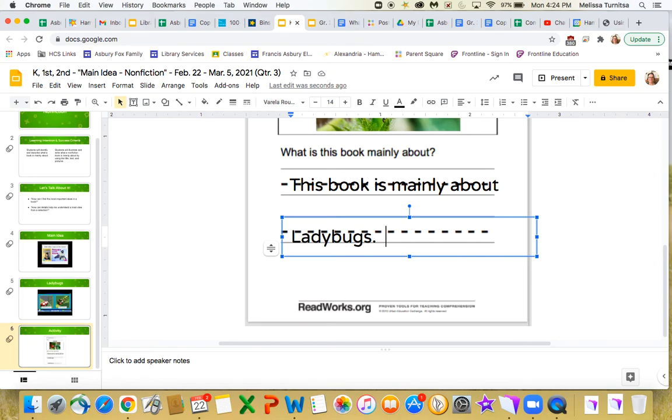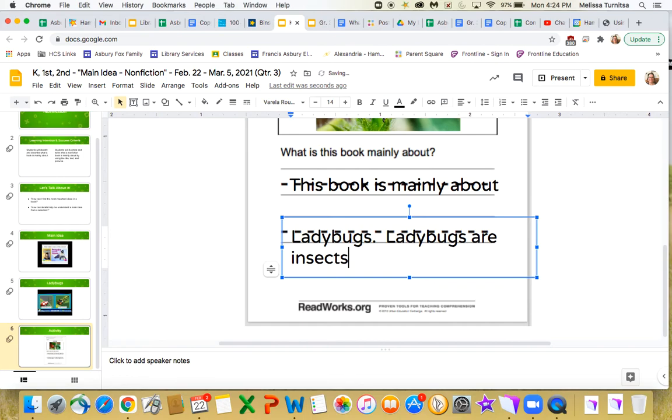There were a lot of different facts in there, weren't there? And one that I can think of, it said that ladybugs are insects. So that's what I'm going to add. And if you want to copy this onto your paper, that is fine. So we could put ladybugs are insects.